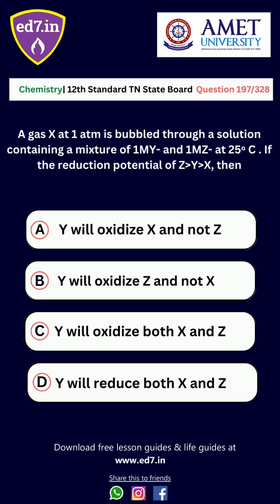A gas X at 1 atmospheric pressure is bubbled through a solution containing a mixture of 1 M Y minus and 1 M Z minus at 25 degrees Celsius. If the reduction potential of Z is greater than Y, which is greater than X, then option A, Y will oxidize X and not Z. Option B, Y will oxidize Z and not X. Option C, Y will oxidize both X and Z. Option D, Y will reduce both X and Z. The correct option is option A, Y will oxidize X and not Z.